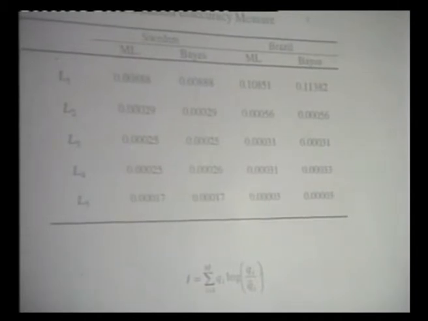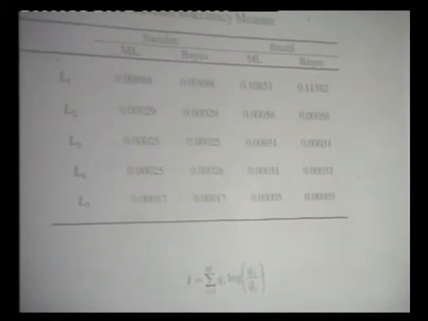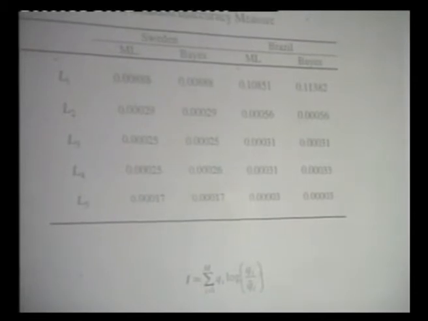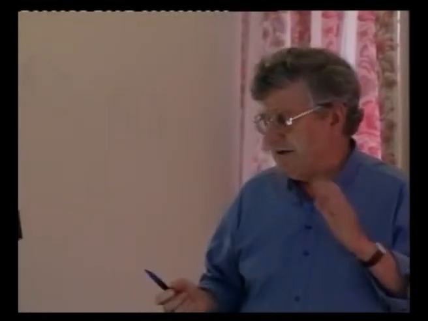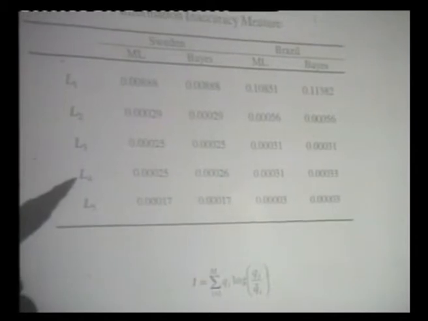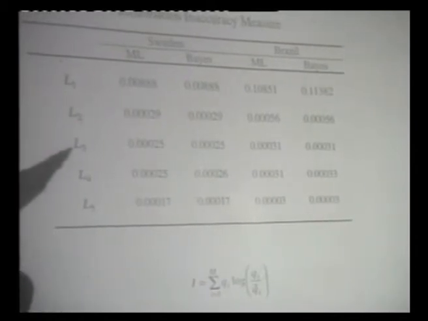Now, these things help explain quite a lot. In fact, if you do hypothesis tests, either likelihood ratio type tests, or you plot posteriors and you look where most of the probability mass is, you will find that in the case of Sweden, if you tested L2 against the more general L4, or if you tested L3 against the more general L4, you would not reject either L2 or L3.